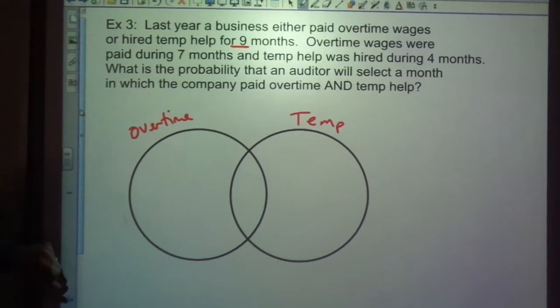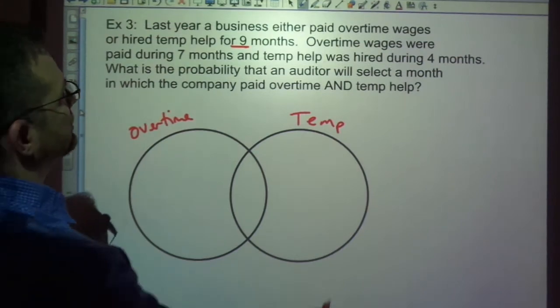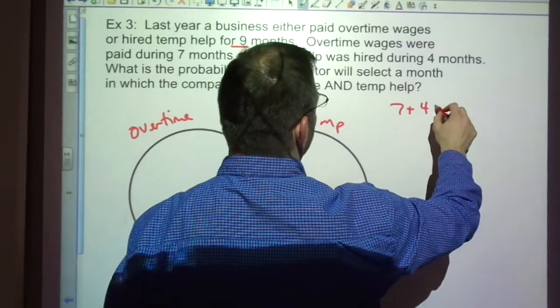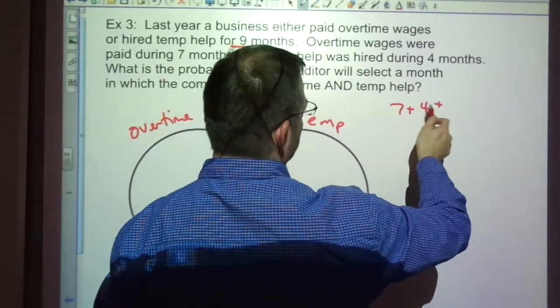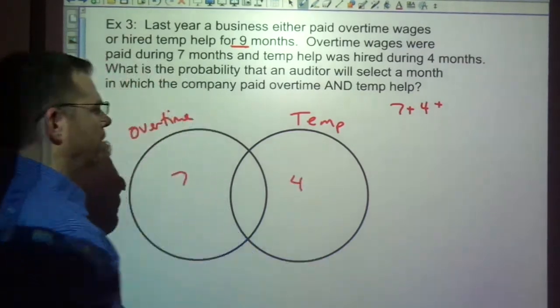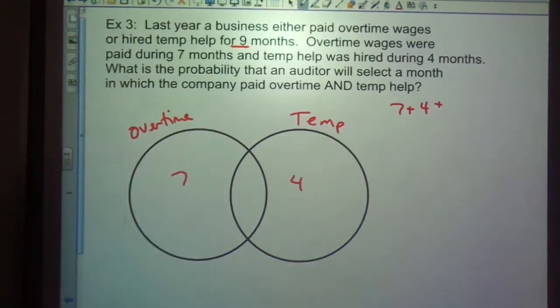7 of them were overtime, and 4 of them were temporary help. So 7 plus 4 plus the ones we had together. Well, 7 and 4, if I have 7 and 4, that's not going to work. That's 11, right? So I need some to be in here. That's 2 too many.